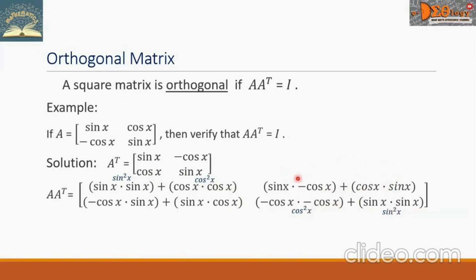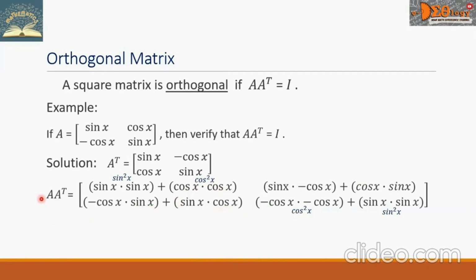In here, we are going to use simple algebra. The sin x times negative cosine x will be negative sin x cosine x plus this is sin x cosine x. Later, if we add, this will be 0. Down here will be negative cosine x times sin x is negative sin x cosine x plus this sin x times cosine x will be 0.